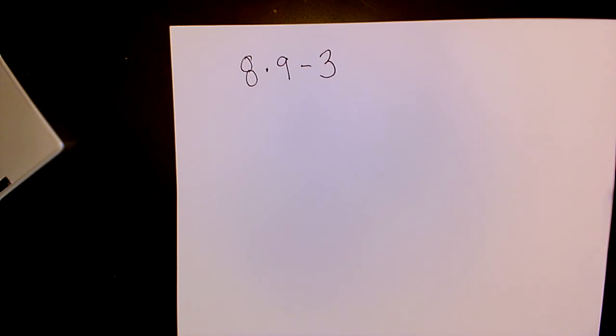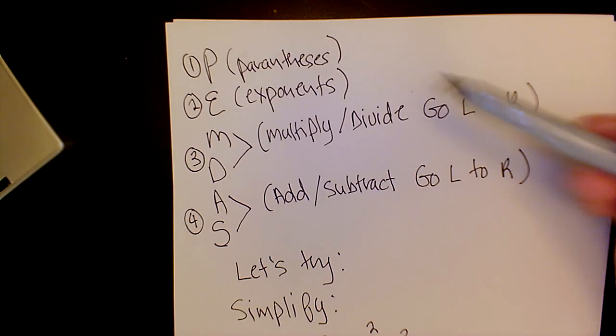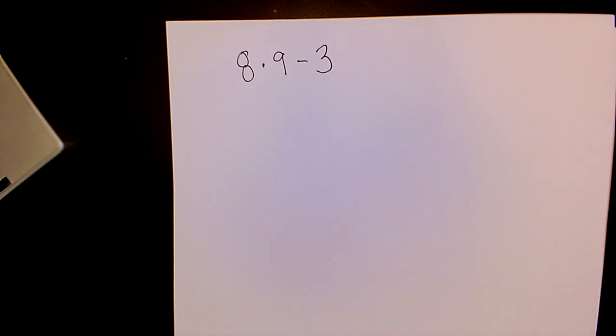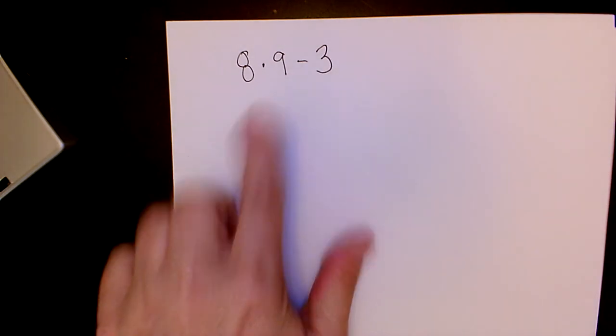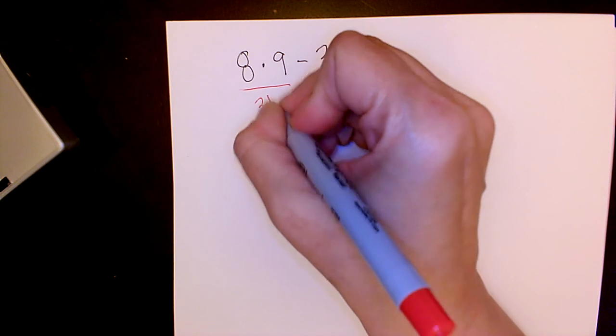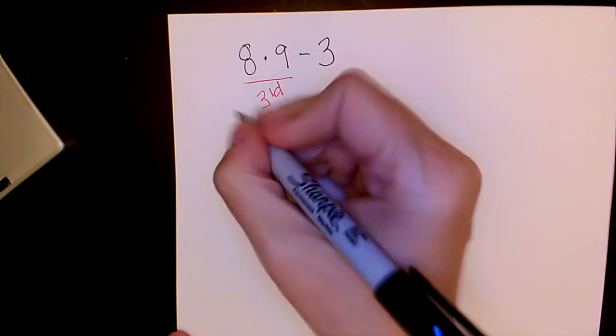Okay, if you look on your PEMDAS, we do multiply. Let me go back to that. We go multiply, divide, whoever comes first. So I've got multiplication, no division, so I'm just going to do the multiply. And what's 8 times 9?